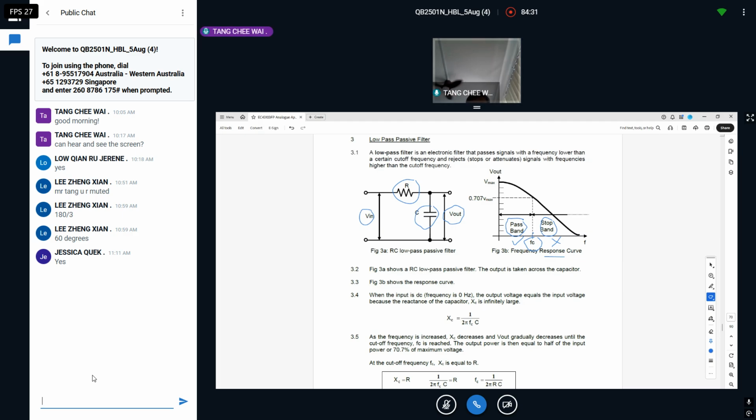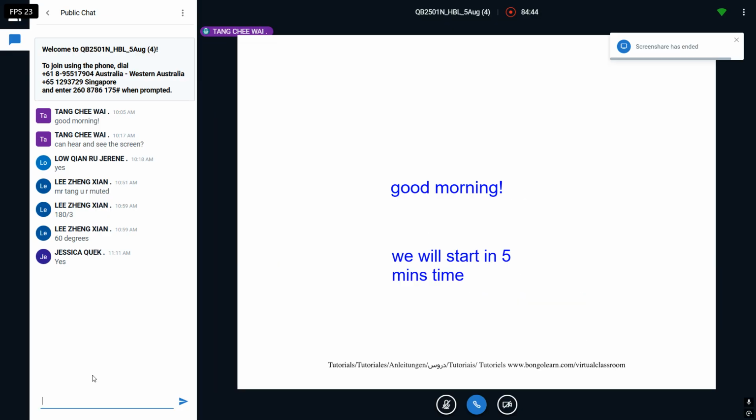Here there's a simple calculation for your XC. Remember what XC is? Your capacitive reactance. In AC we call it reactance, and I use XC, C for capacitor. So you are calculating the reactance of the capacitor at the point when your input is 0 hertz, no frequency at all.